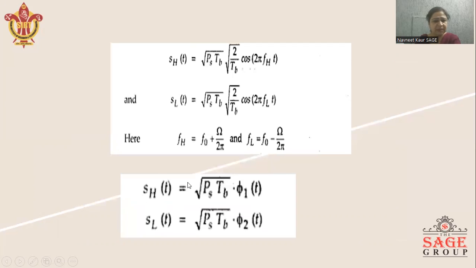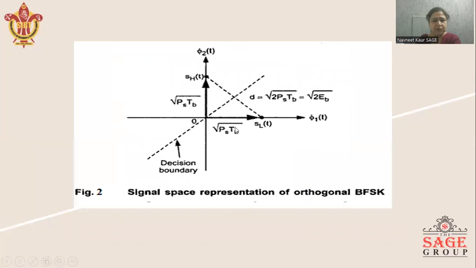Now, as per the equation, SHT moves in the direction of phi1t with a distance of root PS TB, whereas SLT moves in the direction of phi2t with a distance of root PS TB. So here, this is SLT and this distance is root PS TB. This is SHT, which is in the direction of phi2t, and it is at a distance of root PS TB.